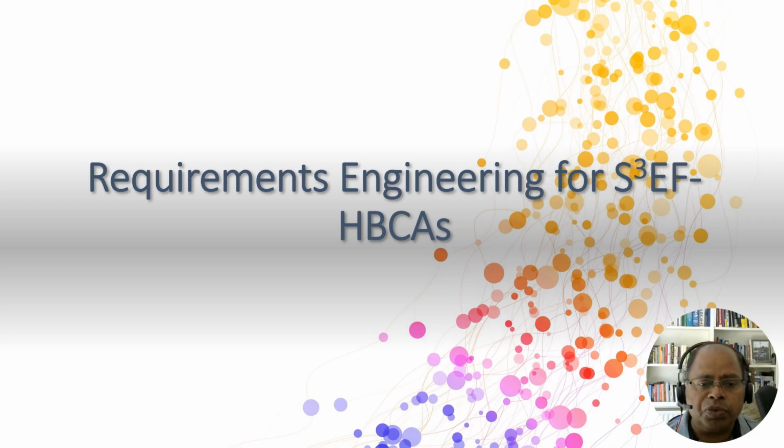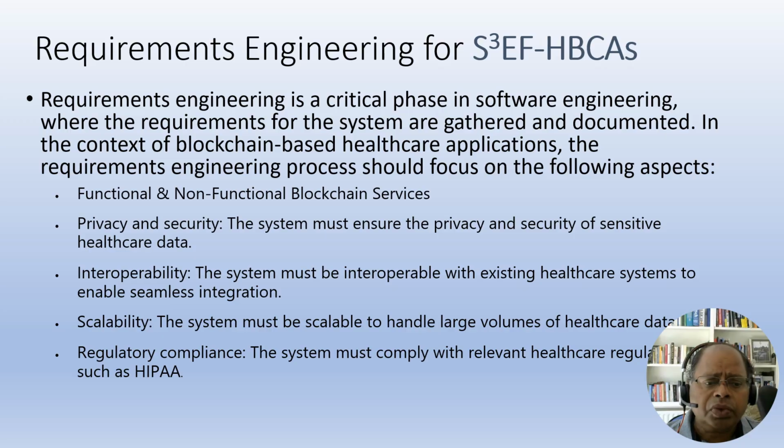I'll now move on to the first part of the framework, which is requirements engineering for CEF HPCA. We need to identify, for any simple application, what the functional and non-functional blockchain services are. I call them services because at the requirements level you want to know what the functional services are, such as patient electronic records, keeping the patients in the health centers, the number of health centers and their addresses, and so on.